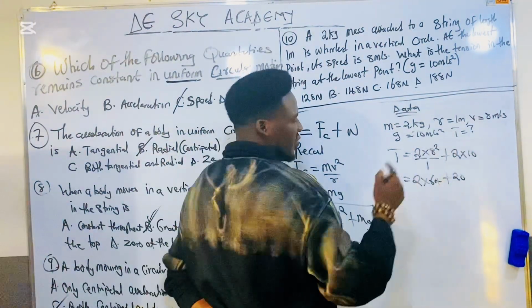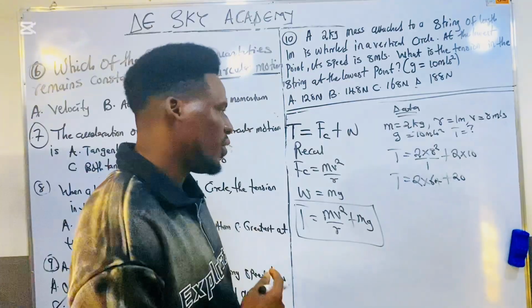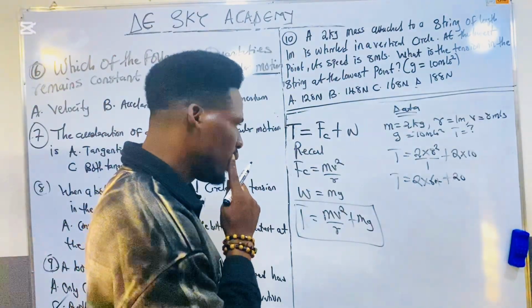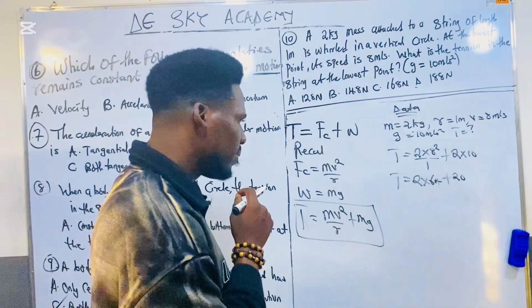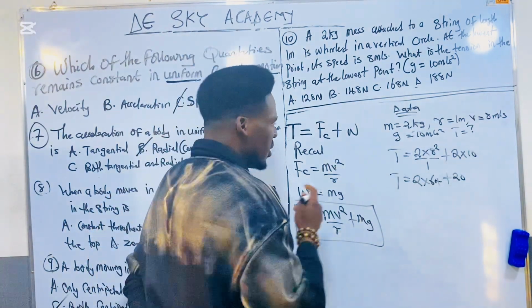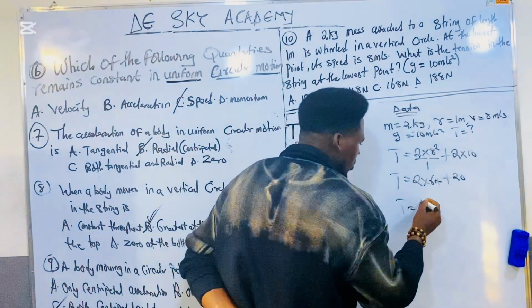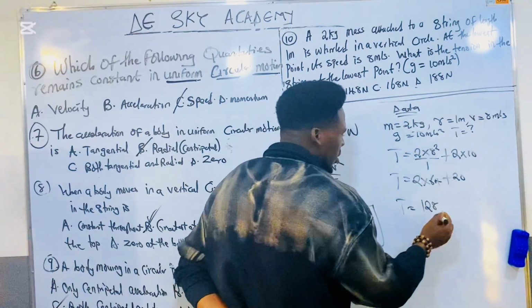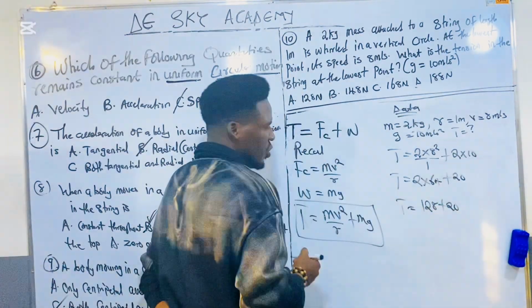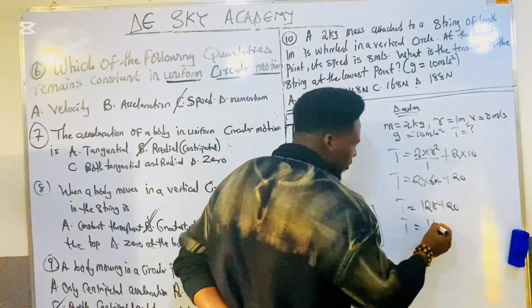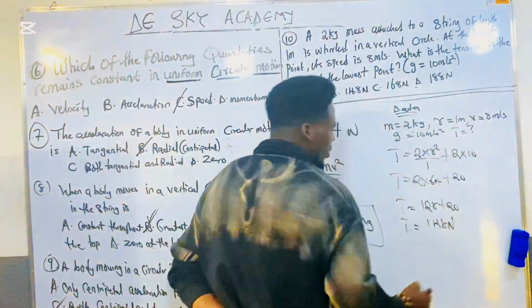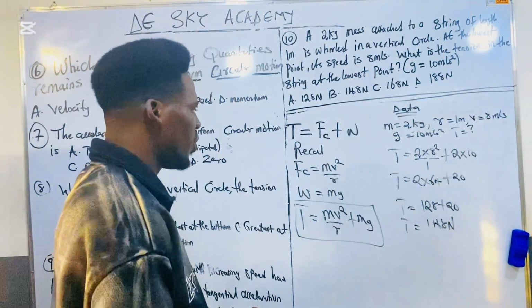Remember, over 1 will still give you the same thing. So 64 times 2, that is 128. I will have it that tension is equals to 128 plus 20. So 128 plus 20, tension will now be 148 Newton.